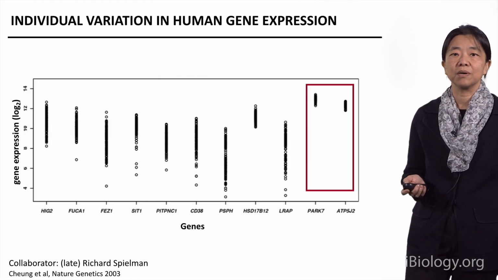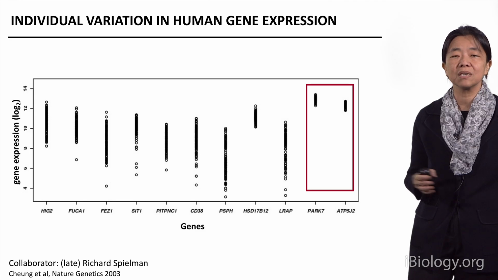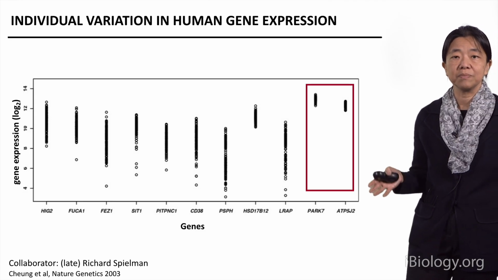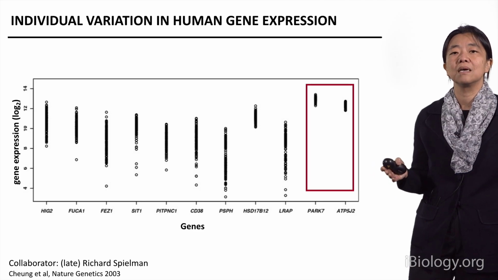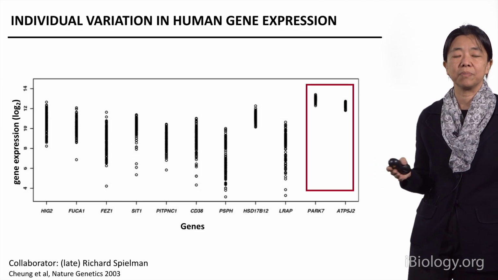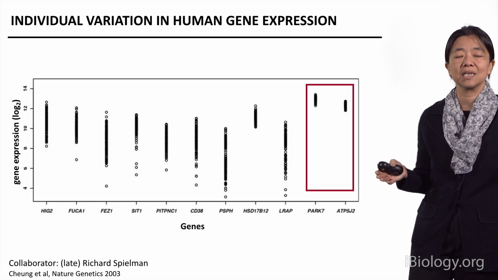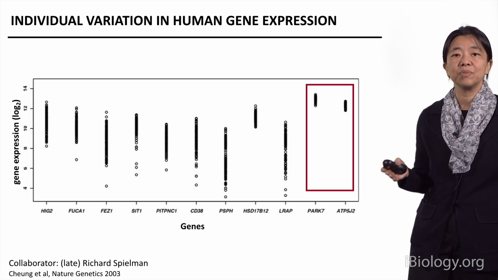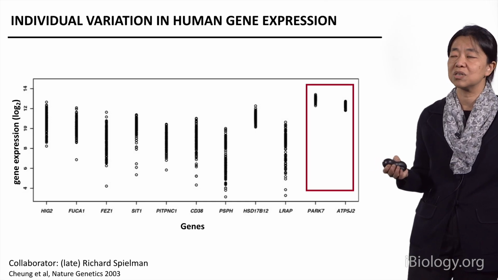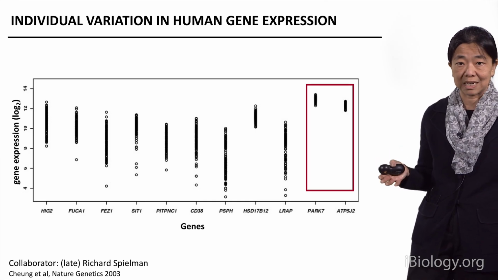In this experiment, we did a very simple experiment where we just measured the expression level of genes in B cells from blood samples. We collected blood samples from 50 unrelated individuals, then extracted B cells and measured the expression levels in those B cells.